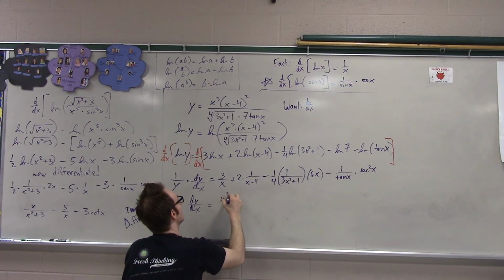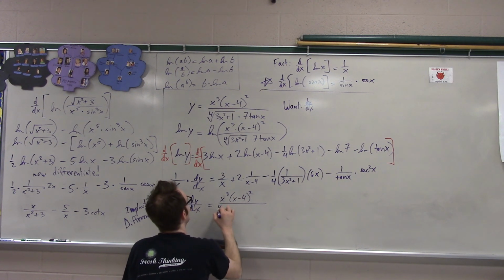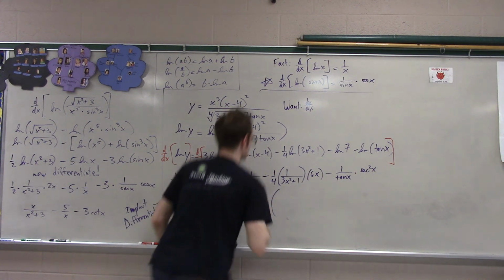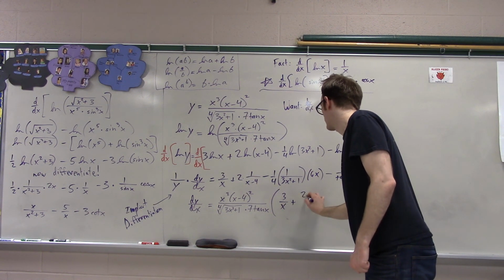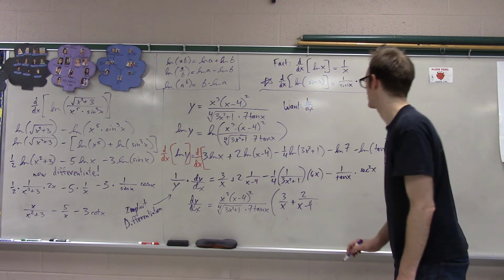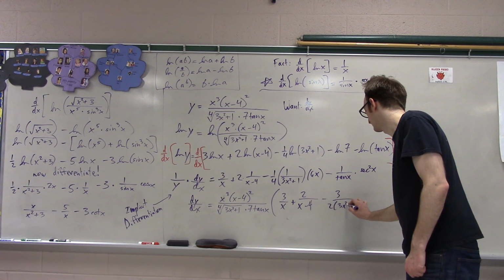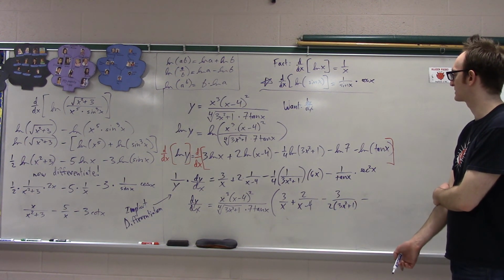So my overall answer is x cubed, x minus 4 squared, over the 4th root of 3x squared plus 1 times 7 tan x, times all this stuff: 3 over x plus 2 over x minus 4. I never said it was going to be pretty. Minus 3 over 2, 3x squared plus 1, minus whatever secant squared over tan is.